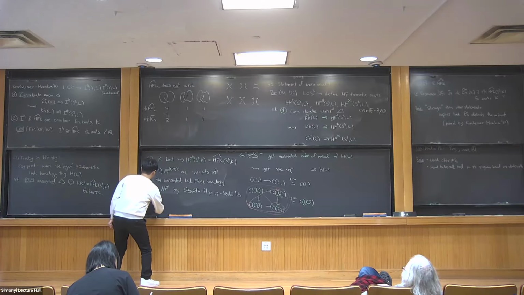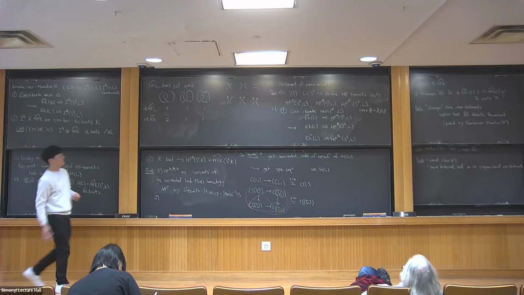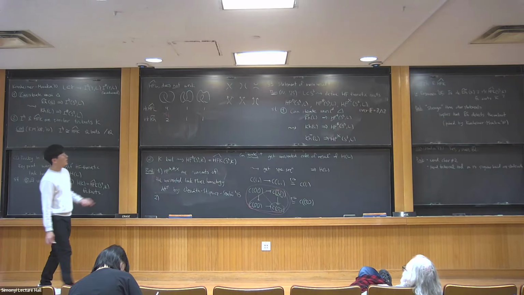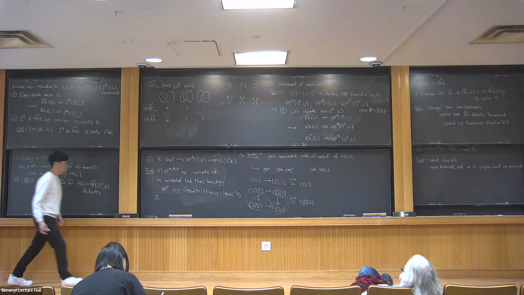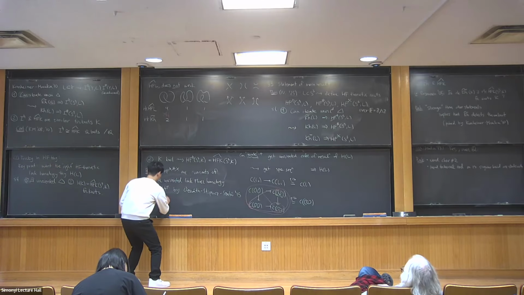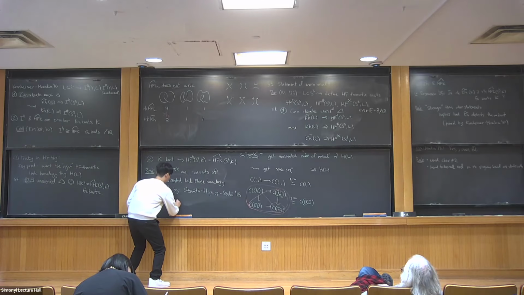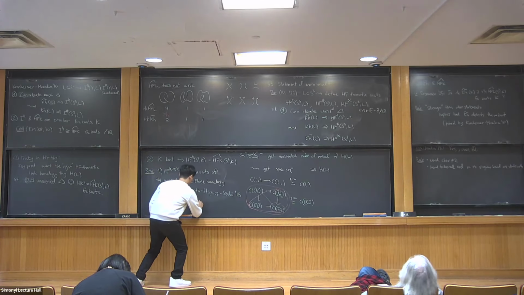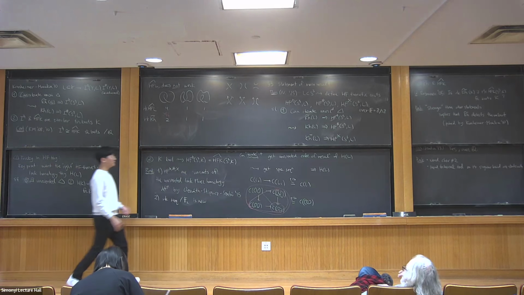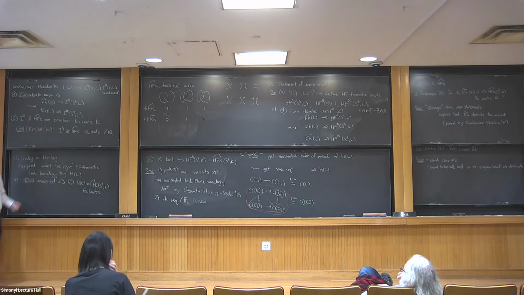Secondly, as Rohil mentioned, I get a rank inequality over F2, which is new. But also it is conjectured that knot Floer homology does not have torsion.